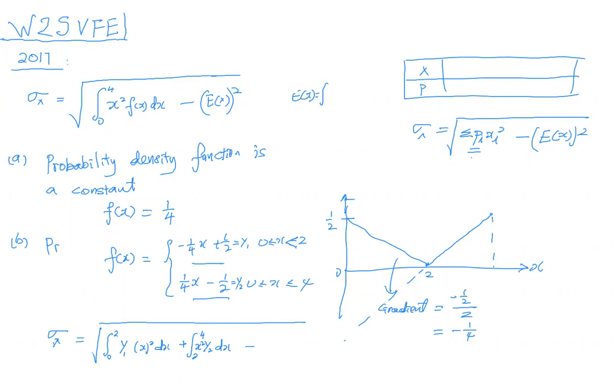Okay. What you can do is, if you want, you can integrate, also have to break into two parts. Or, okay, integrate from 0 to 2 x y1 dx plus integrate 2 to 4 x y2 dx, the whole thing square.